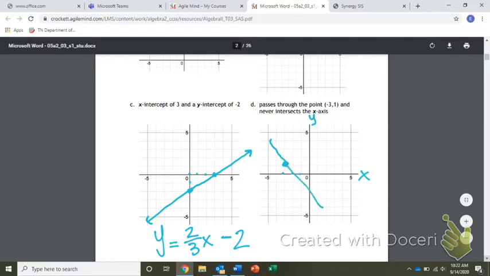If I drew a negative slope, it still crosses the x-axis. So that would not be right. If I drew a vertical line, nope. I have to draw a horizontal line with no slope. So my equation here would be y equals 1 because it crosses right here at positive 1. Okay?